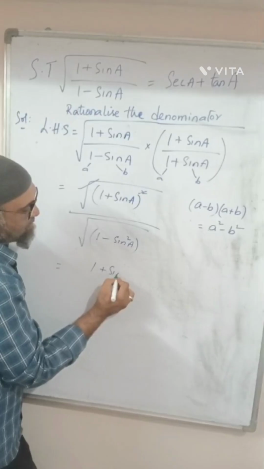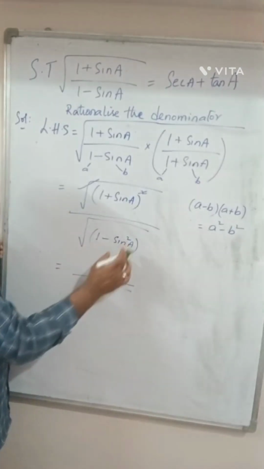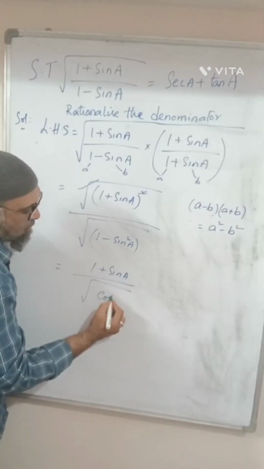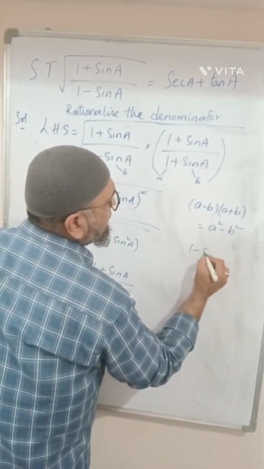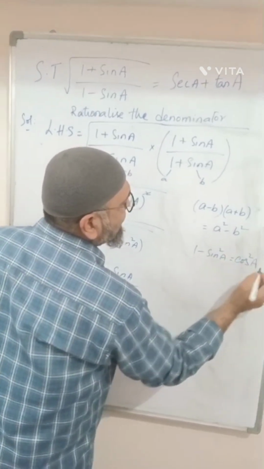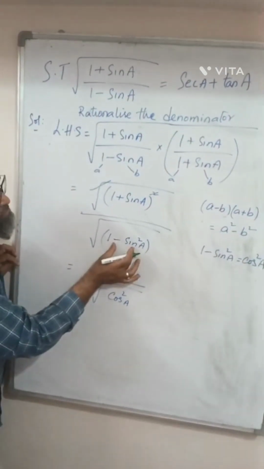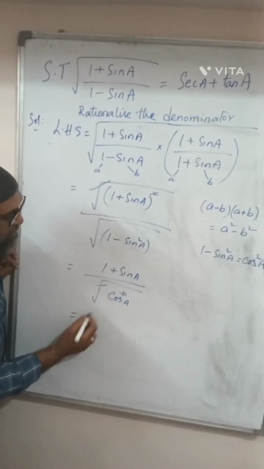So I am getting 1 plus sin A here divided by under root 1 minus sin square A, which is cos square A. Remember this: 1 minus sin square A is equal to cos square A. So in place of this, I am writing cos square A, square and root cancelled.